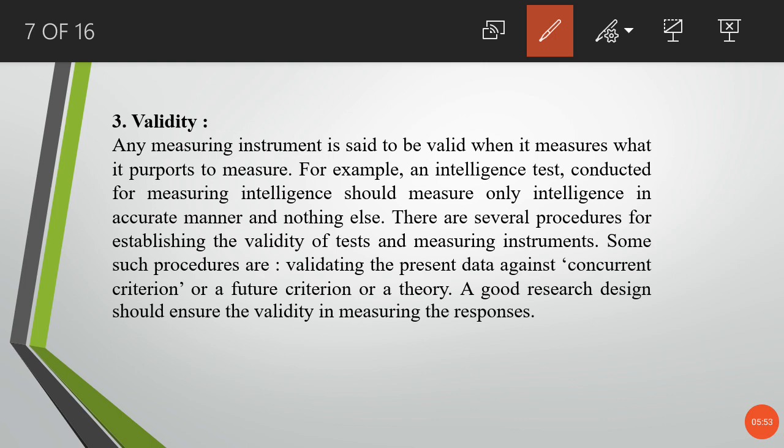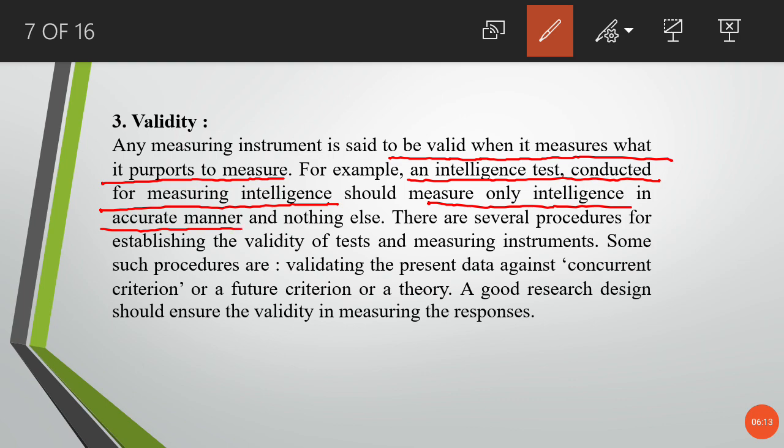3. Validity. Any measuring instrument is said to be valid when it measures what it purports to measure. For example, an intelligence test conducted for measuring intelligence should measure only intelligence in an accurate manner and nothing else.